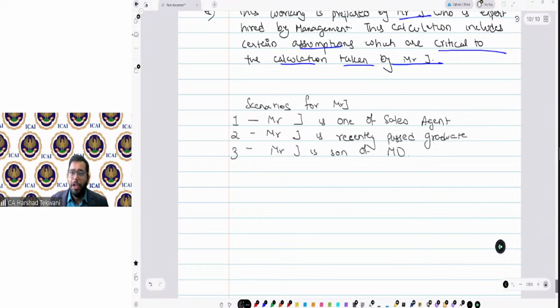Now you tell me, in all these three scenarios, how much you are comfortable with the working prepared by Mr. J, and what is the risk in each scenario? Where is the risk in each scenario?